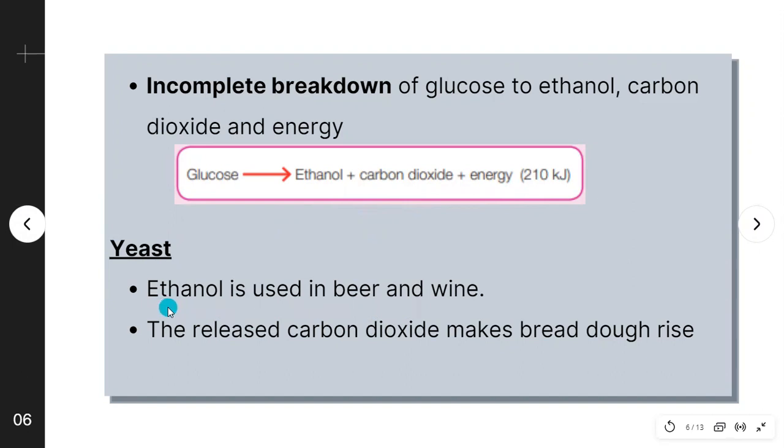The yeast also produces carbon dioxide, and this is what makes the bread dough rise, okay? When we want to make bread, we usually use yeast, and after it undergoes fermentation, it produces carbon dioxide.